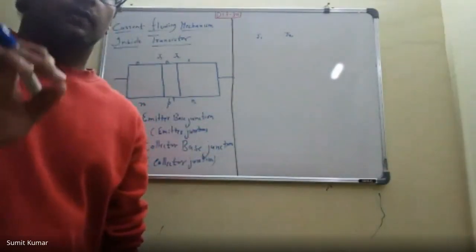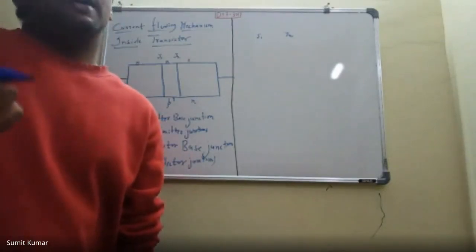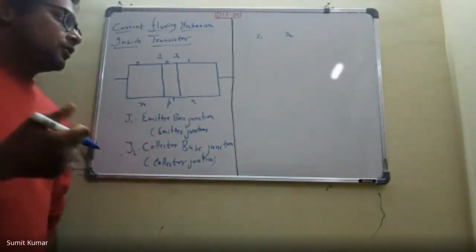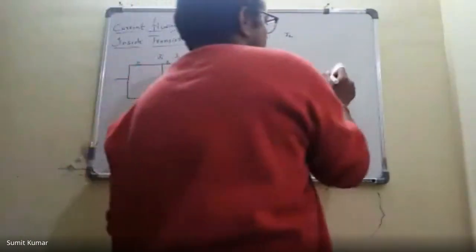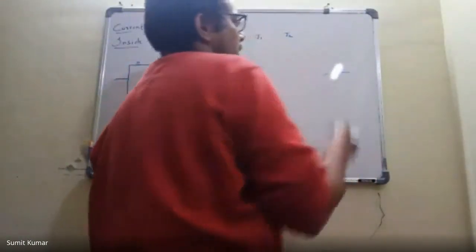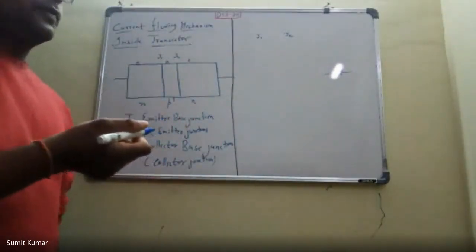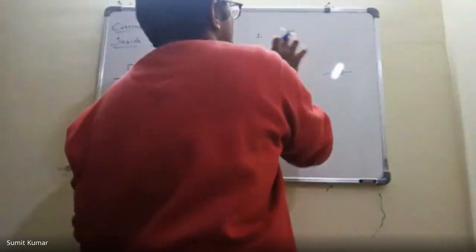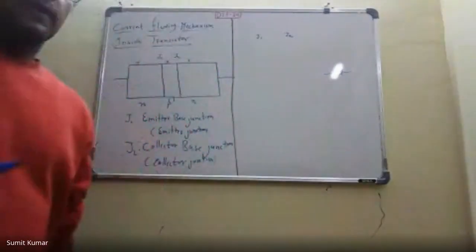If we are providing some kind of biasing, we can provide the biasing in two ways, forward biasing or reverse biasing. For a PN junction diode, we have only one PN junction, so either we can provide a forward biasing or a reverse biasing. But here we have two junctions, so there are four combinations possible.